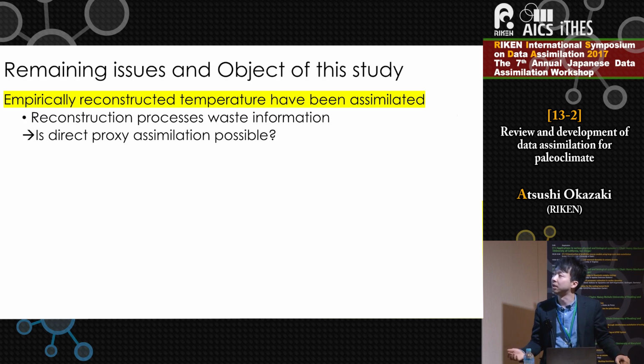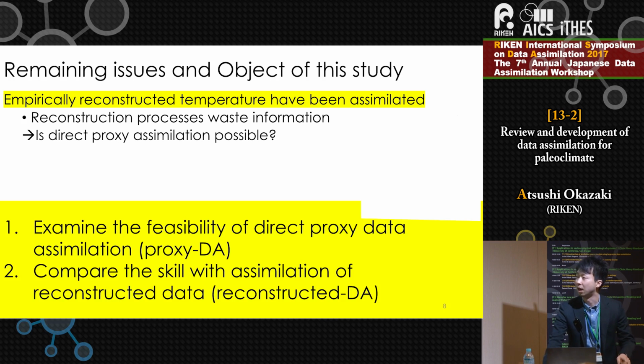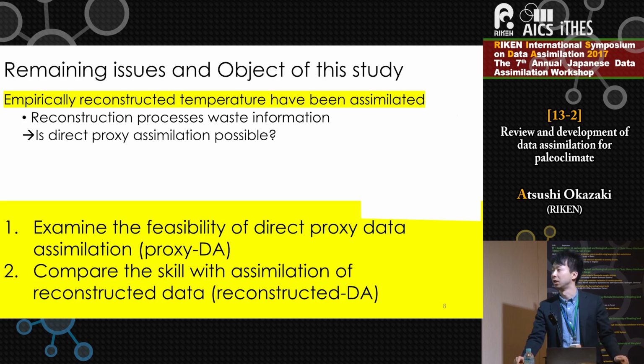We want to assimilate proxies directly, but we do not know whether this is feasible or not. So we set the objectives of this study as follows. The first is to examine the feasibility of direct proxy data assimilation. The second is to compare its skill with assimilation of reconstructed data.